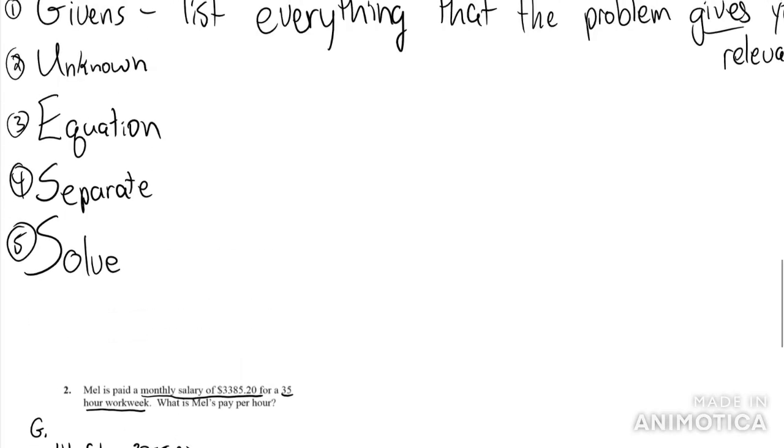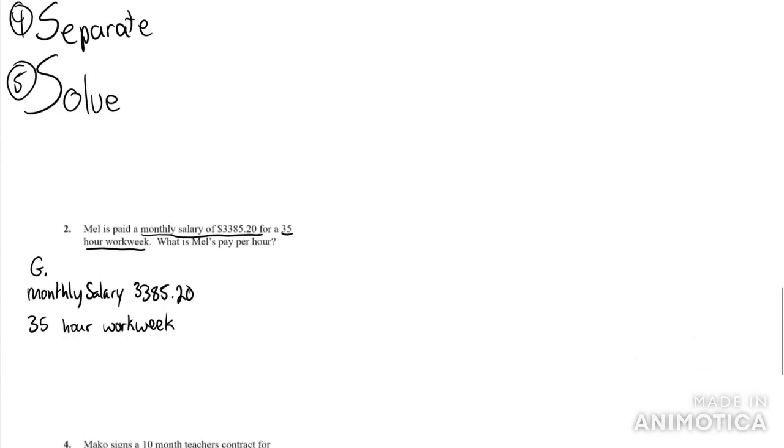The next part, unknown, is what is the question asking? Notice how before I even care what the question is asking me, I am restating what the question is telling me.